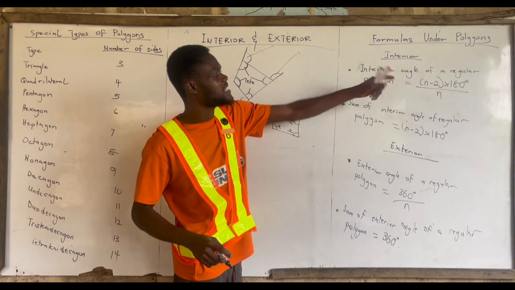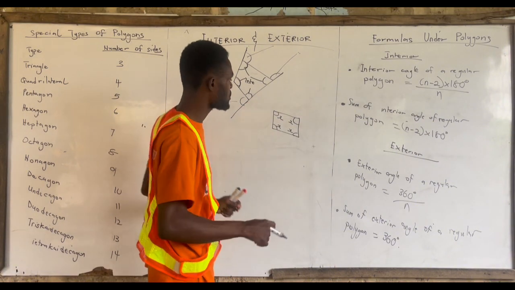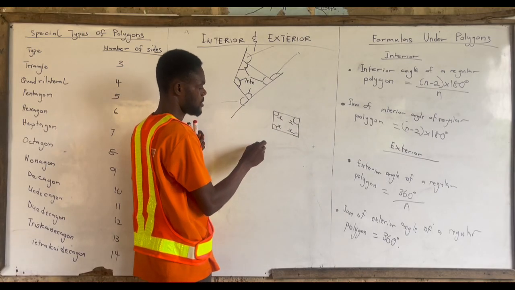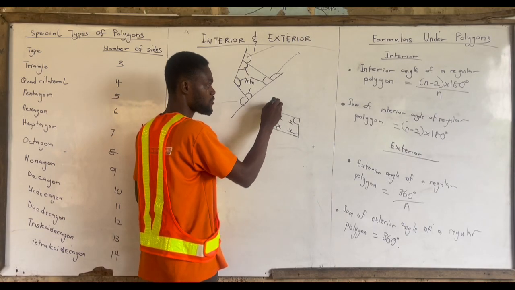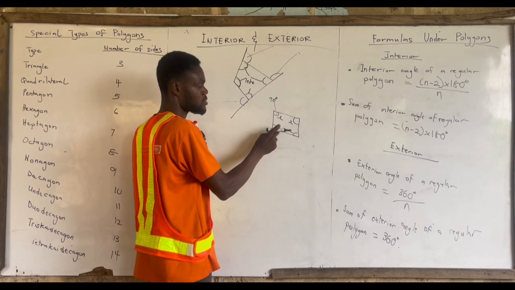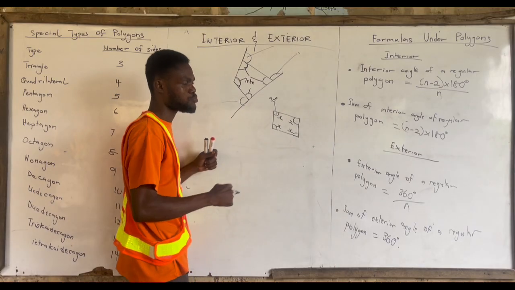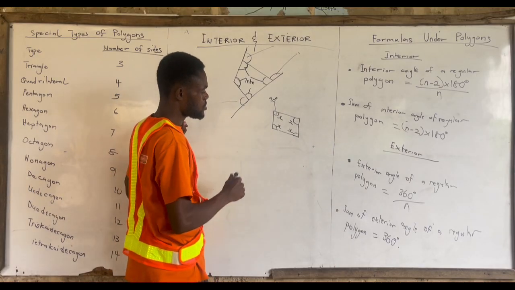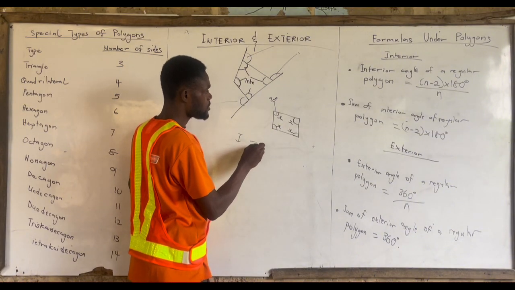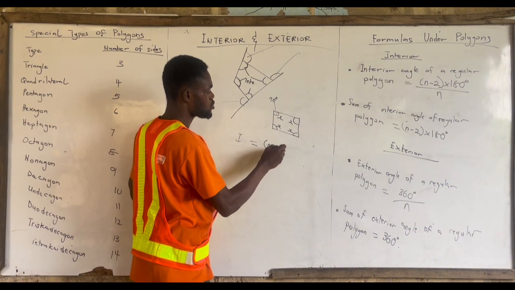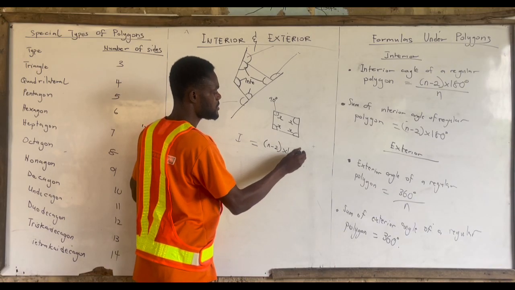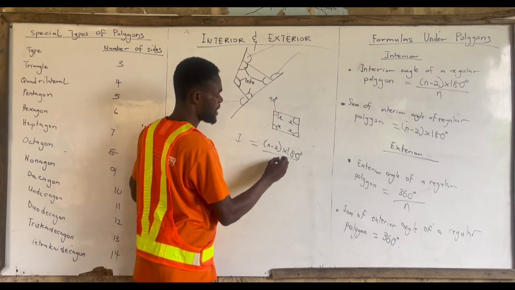So if you want to find the interior angle of a regular polygon, then you quote from this formula. We know that a square has 90 degrees. Each angle is 90, so 90, 90, 90. But we are using the formula to prove that. So we are going to use interior angle is equal to (n minus 2) times 180 degrees divided by n.